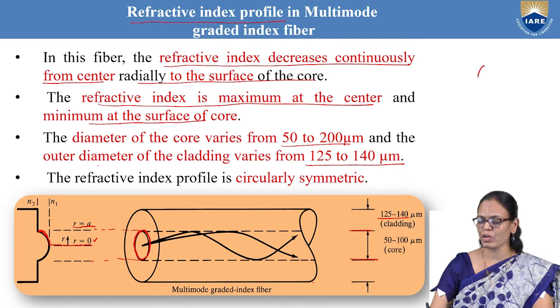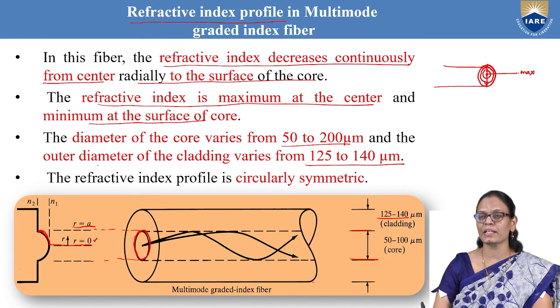So here we are talking about the core. The refractive index is not uniform throughout. So if we take at the center, it is maximum. And as you go away from the center diametrically, in this fashion, as the diameter varies, the refractive index also varies.